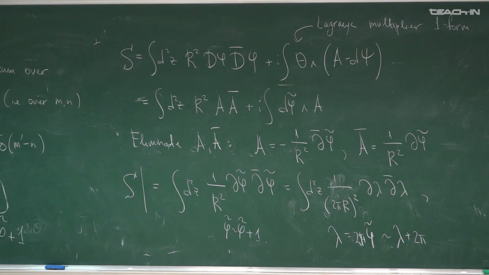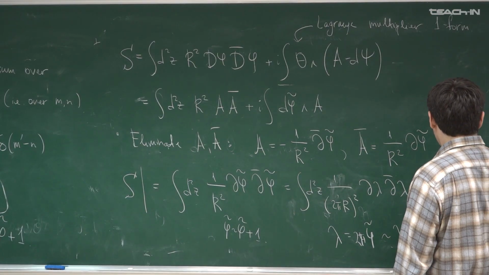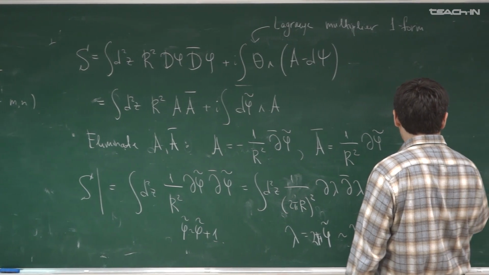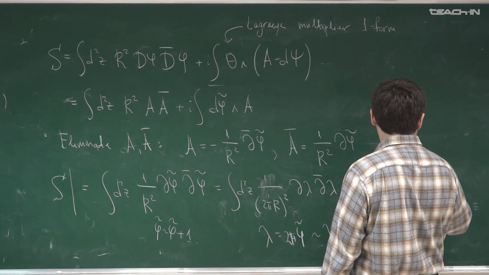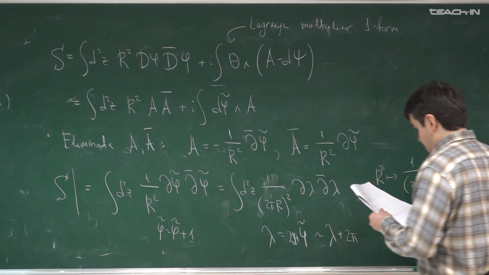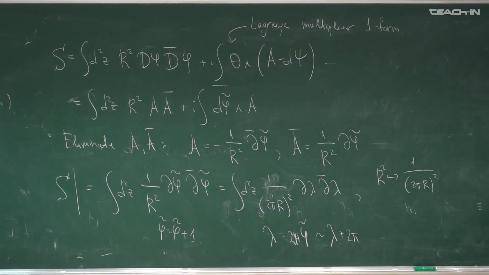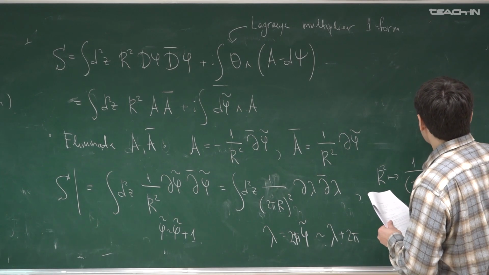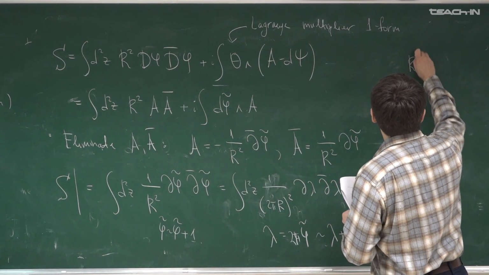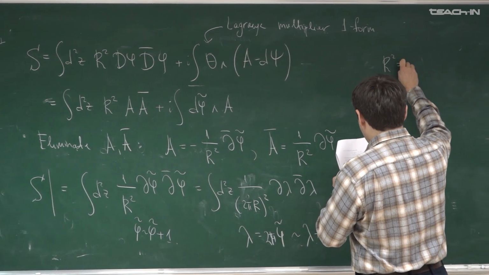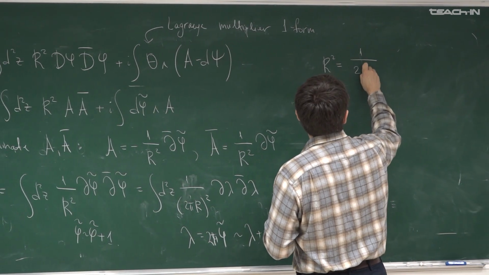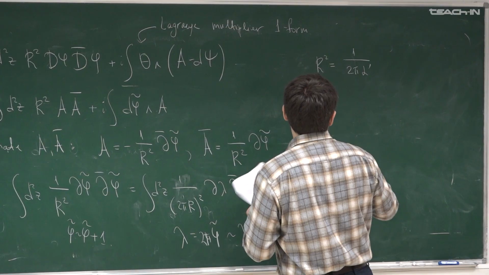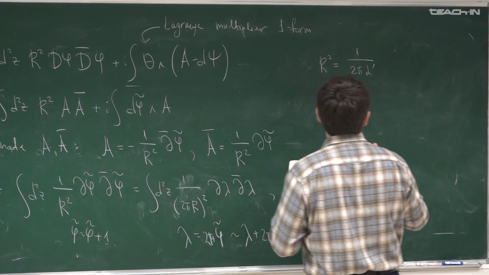Okay. So the map here is r squared goes to 1 over 2 pi r squared. And in string theory notation, the one we had before, r squared is 1 over 2 pi alpha prime. So this was our tension.